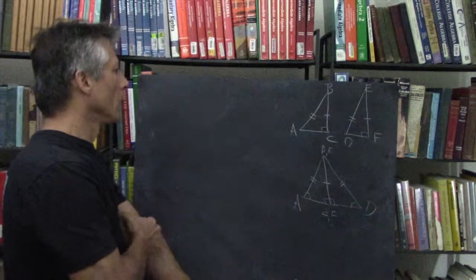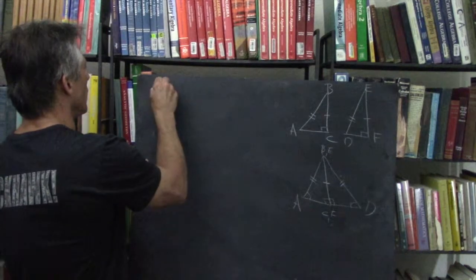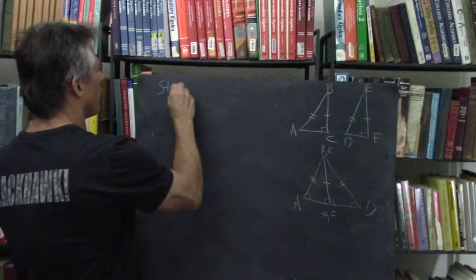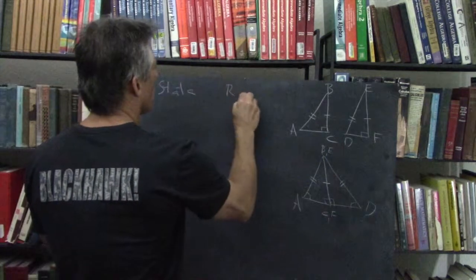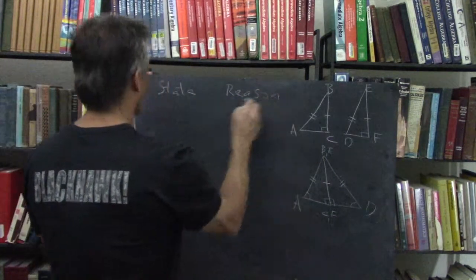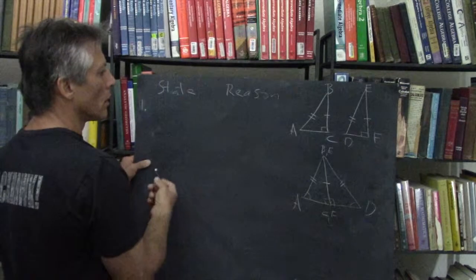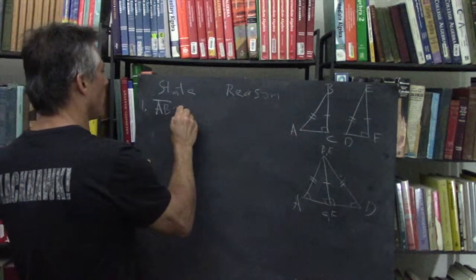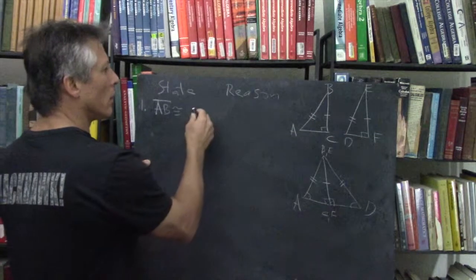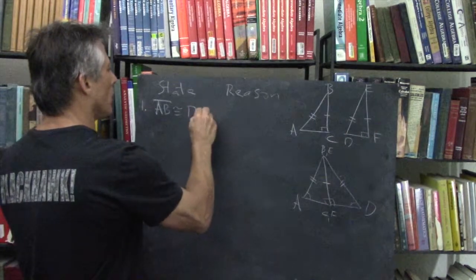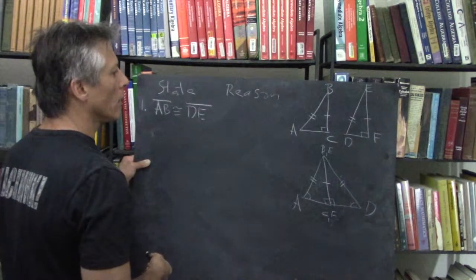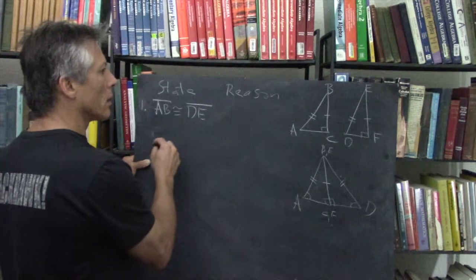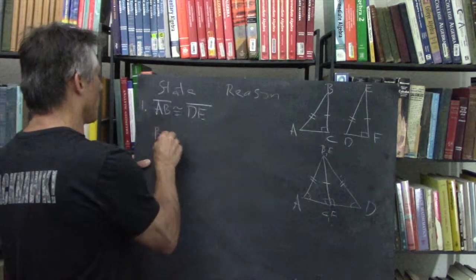So let's just write it up. First of all, we'll put the given. We have AB congruent to DE, and we have BC congruent to EF.